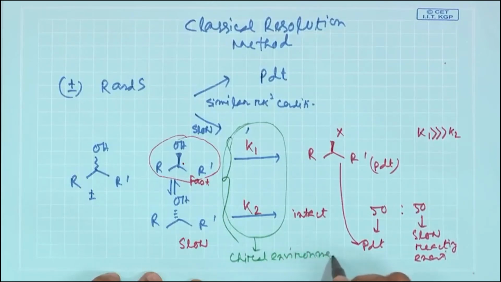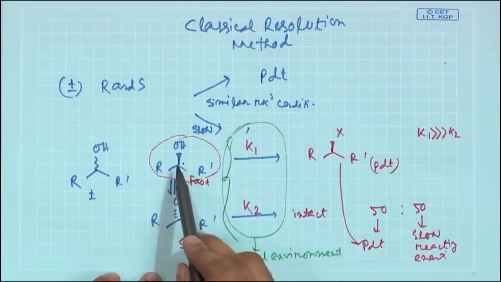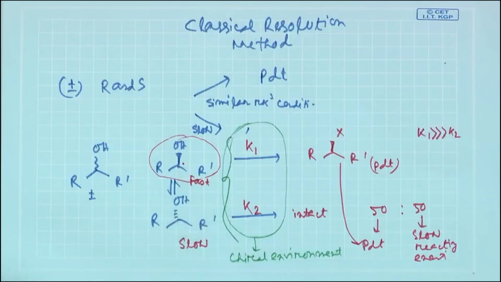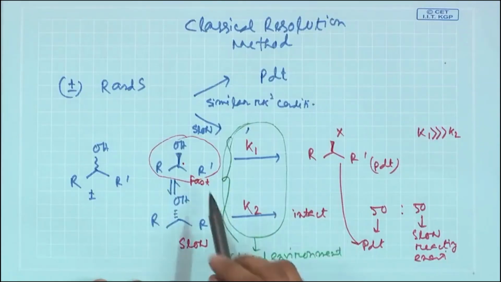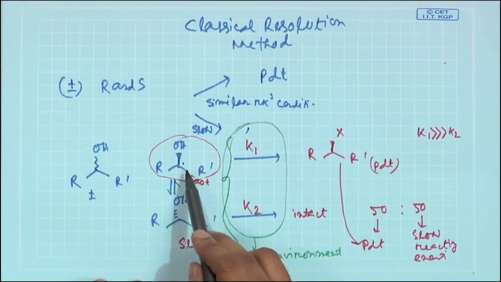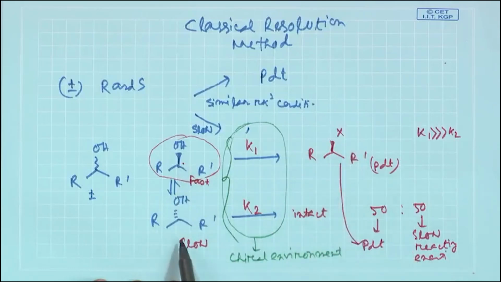This chiral environment might be created through a chiral reagent or a chiral catalyst, so that the two enantiomers have some kind of interaction, through an ionic interaction or a non-covalent interaction, so that one can react with this chiral entity, and then one enantiomer reacts faster, and the slow reacting enantiomer probably does not interact with the chiral environment, so it probably will not be reactive.